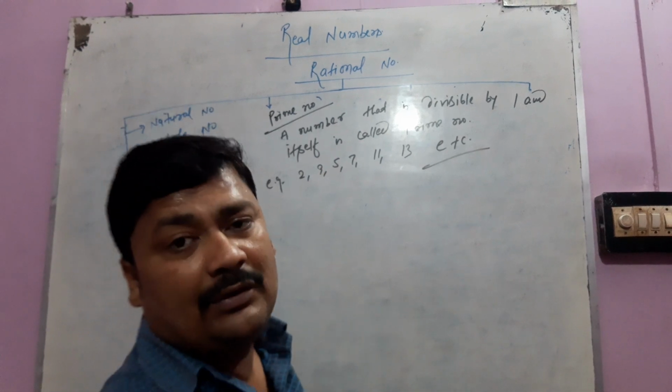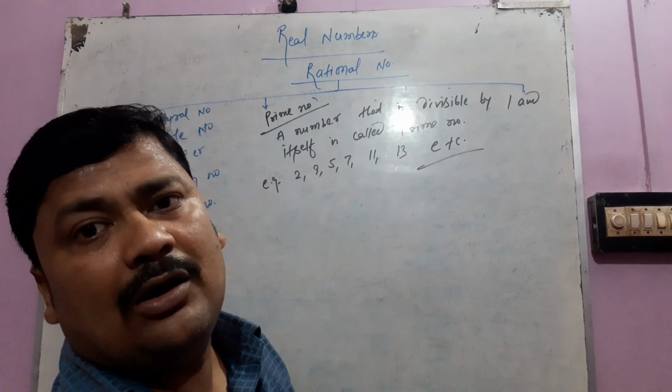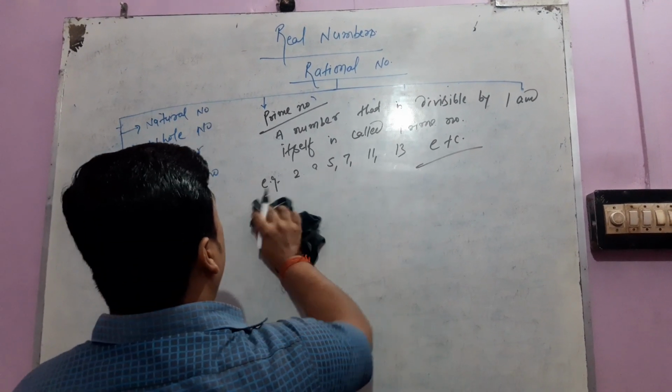The next type of rational number is the composite number.